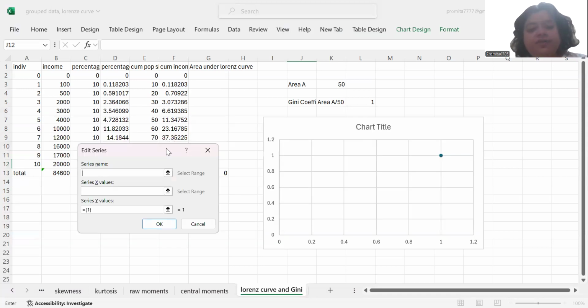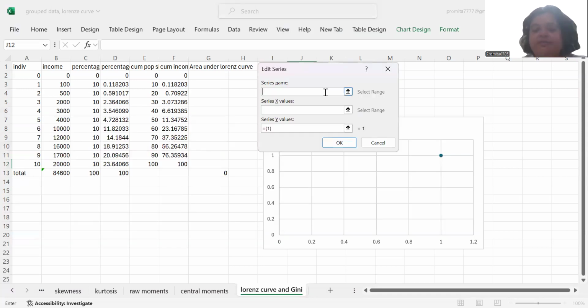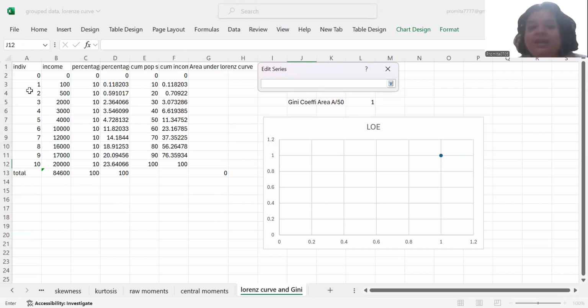Here for the first series, we name it line of equality, or LOE. See, equal distribution means everyone's cumulative population share should be the same as his cumulative income share.